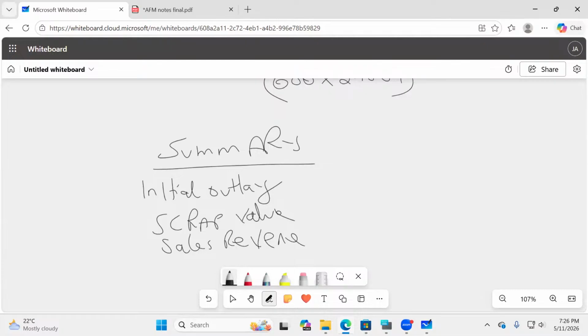So give us the SA percentages. So initial outlay SA percentage, how much was it? 16.47%. How about scrap value?